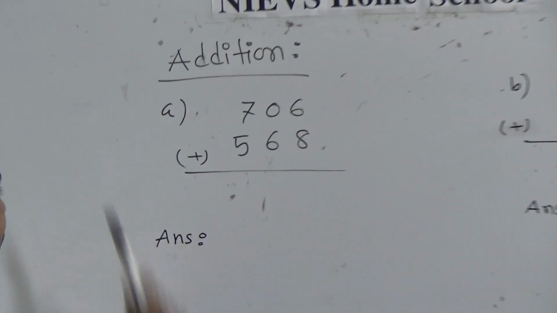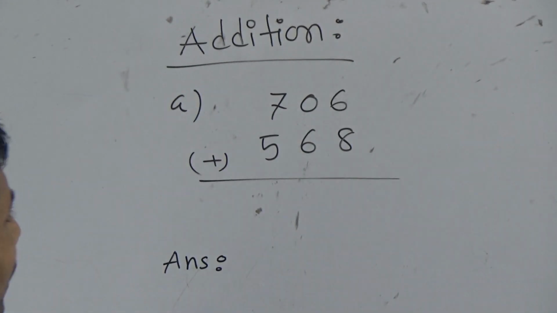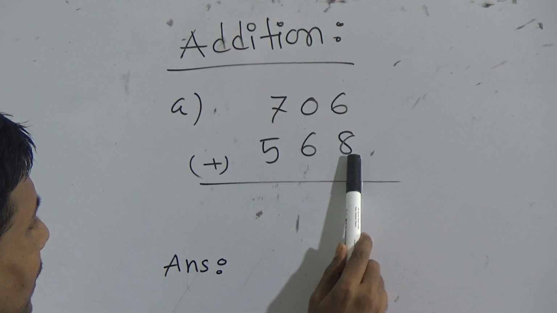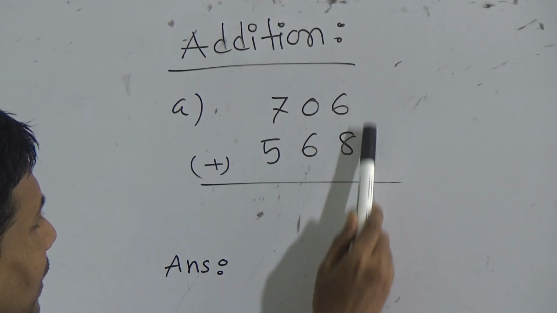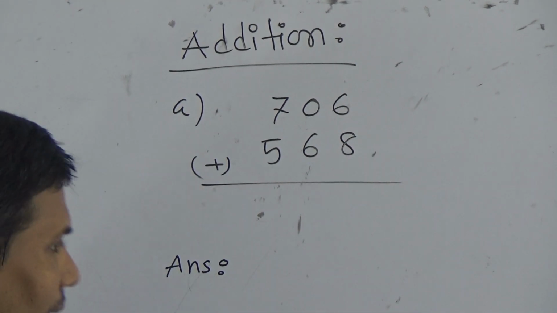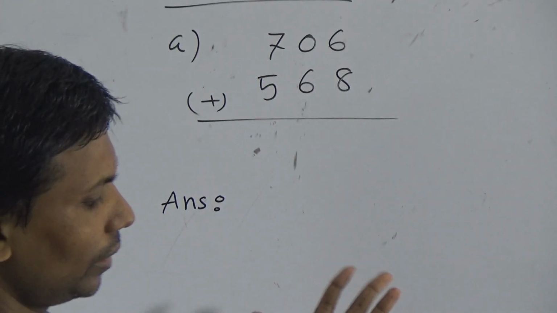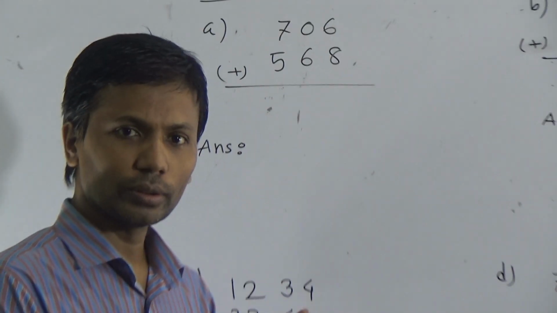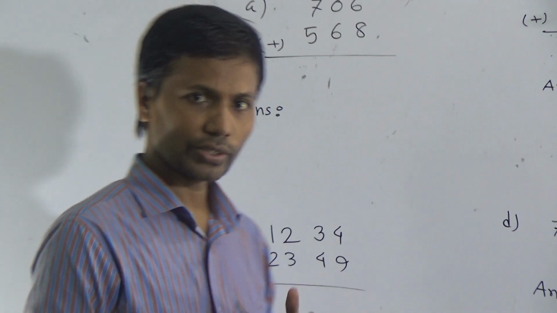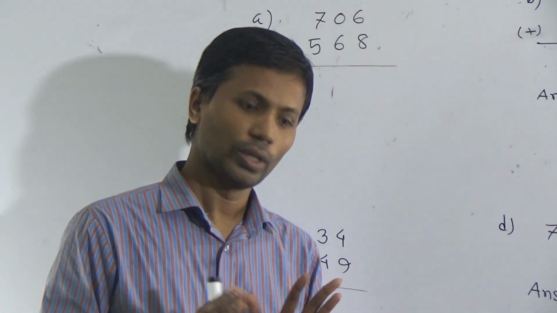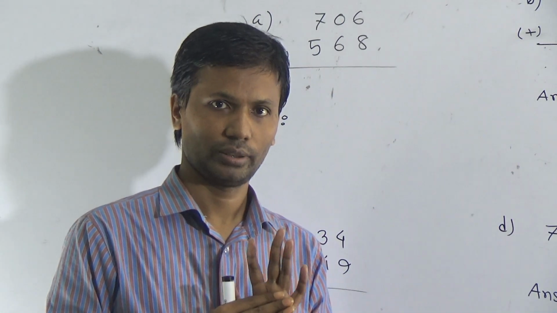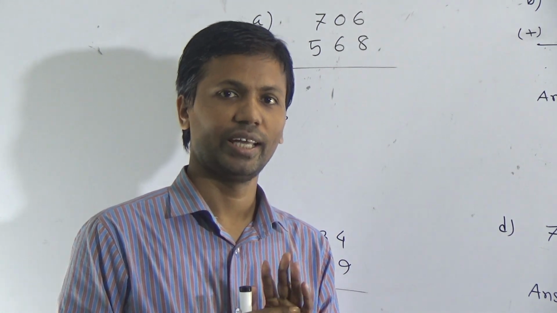Look, a number. This is 6 and this is 8. You have to add 6 and 8. Dear student, you know in the previous class I taught you how to count on your fingers. Today I will repeat a little bit.